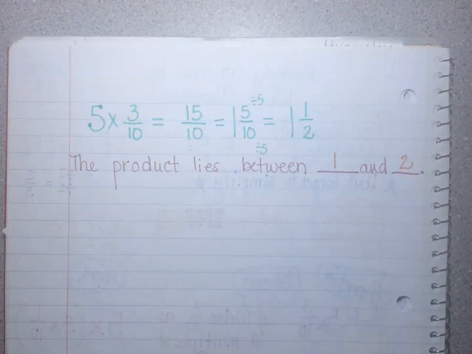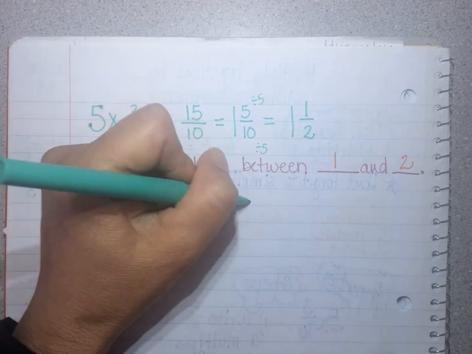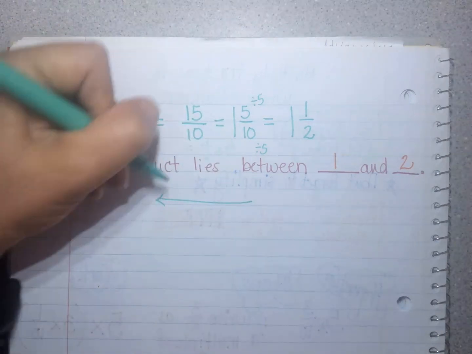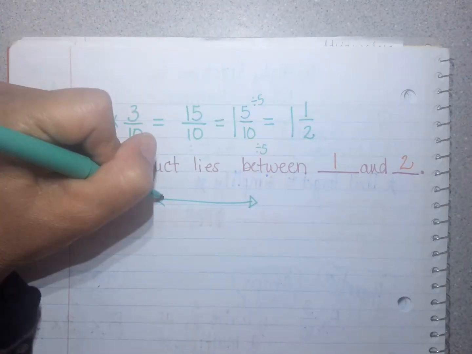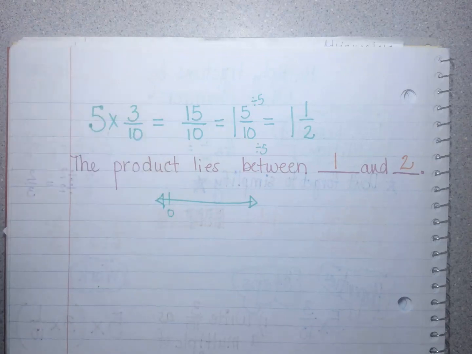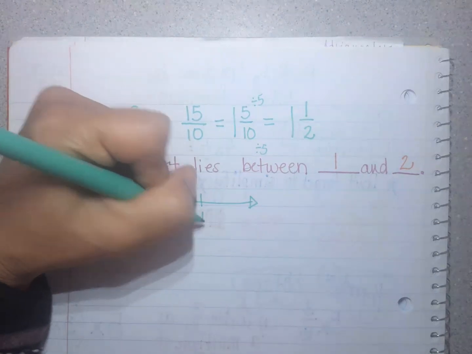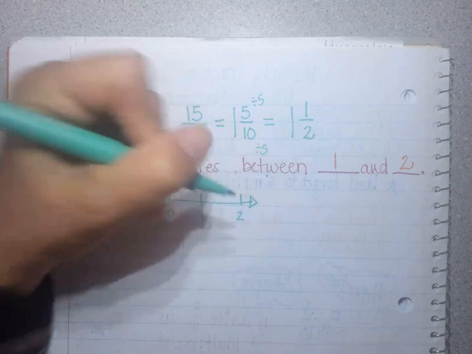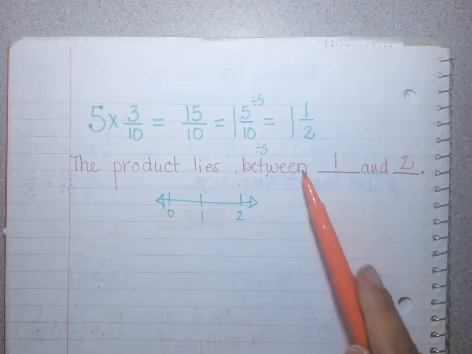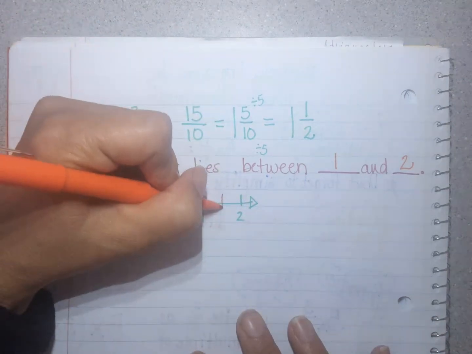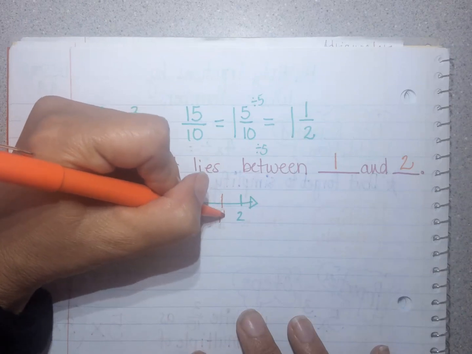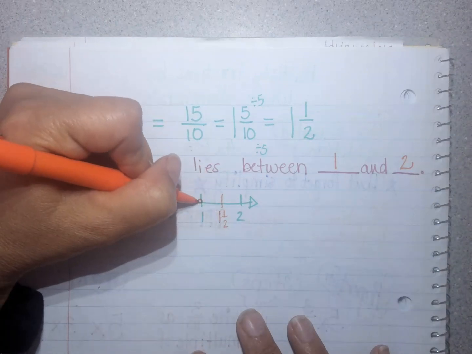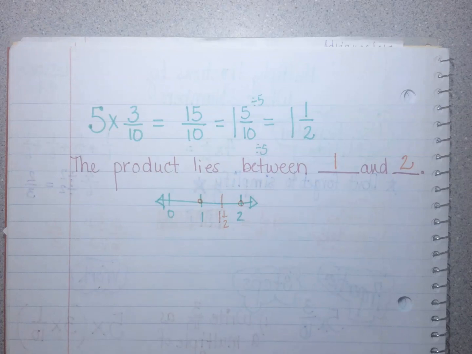Basically, if you had a number line, and you have a 1 and you have a 2, this 1 and 1/2 lies between 1 and 2. That's what that means. You'll be seeing that on page, I think, 618 and the homework page.